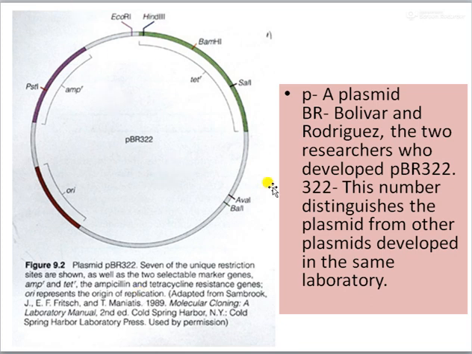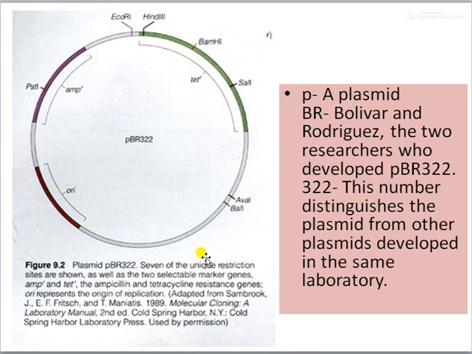Now look into pBR322, a plasmid made by Bolivar and Rodriguez and two other researchers, and the name goes to it, pBR322. What is 322? It refers to a number which distinguishes the plasmid from the other plasmids which were being developed in the same laboratory.